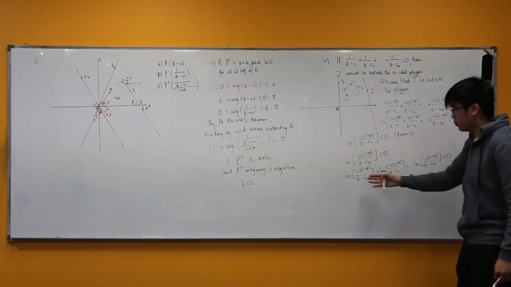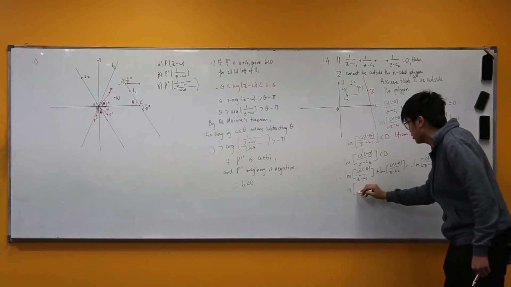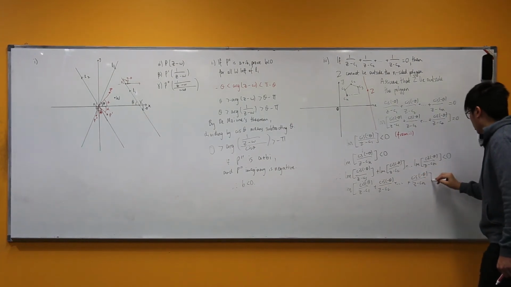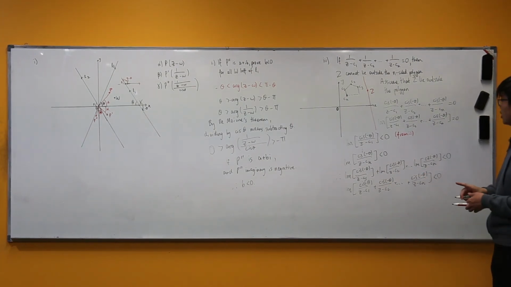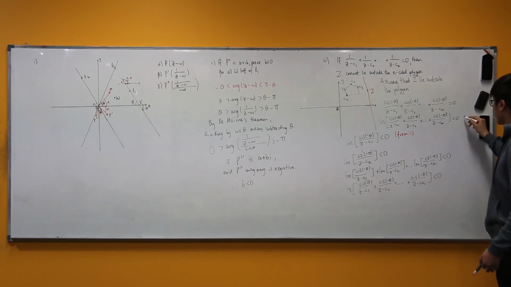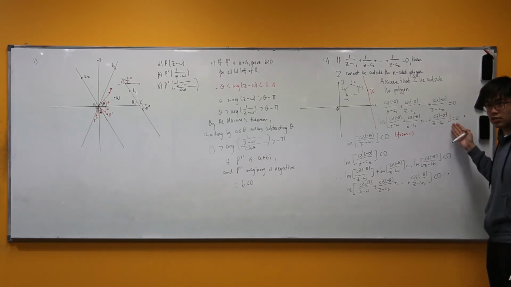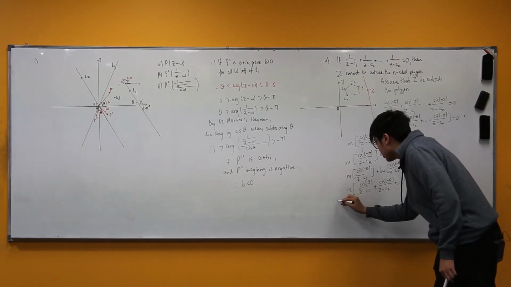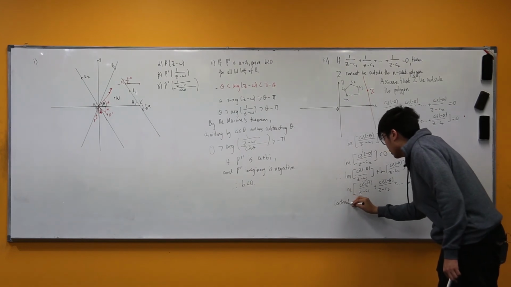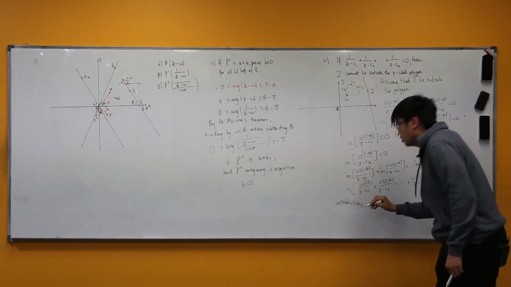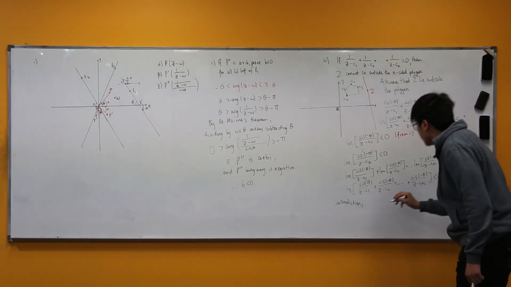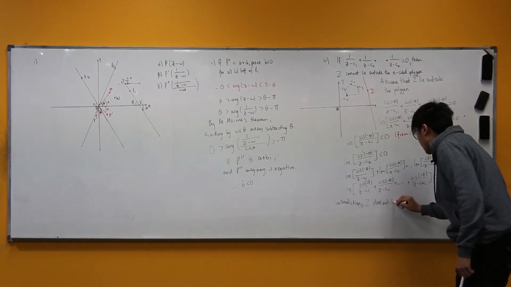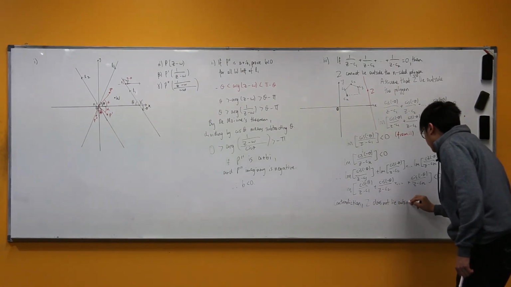And then you can combine the imaginary parts into just one bracket. And as you can see, there are clear contradictions between this statement and this statement, because one says equal to 0 and the other says less than 0. So because there is a contradiction, the assumption is wrong, and therefore z does not lie outside the polygon.